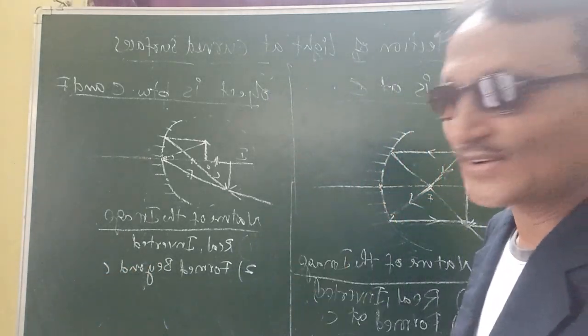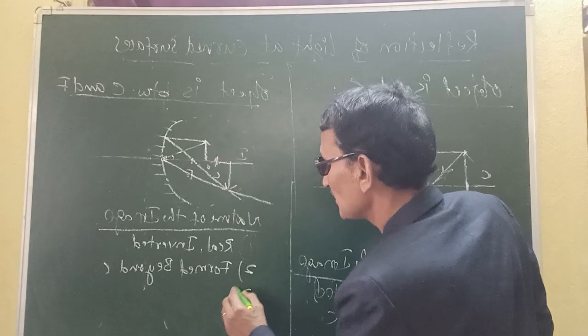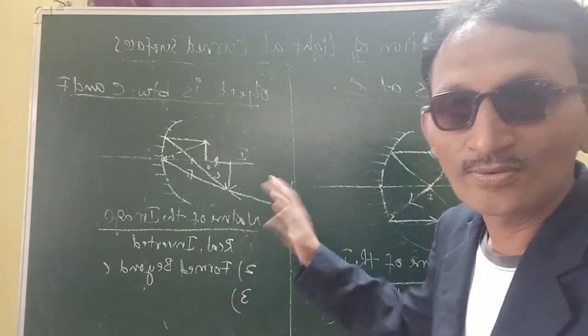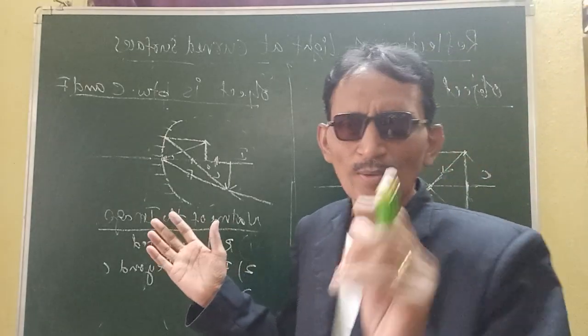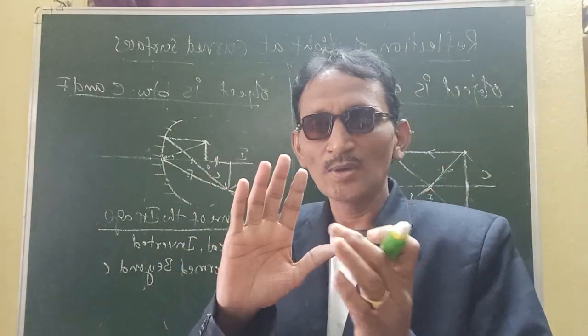It is formed beyond the center of curvature. Between means beyond. And the third point, it is a magnified image. The image has become a little bigger.